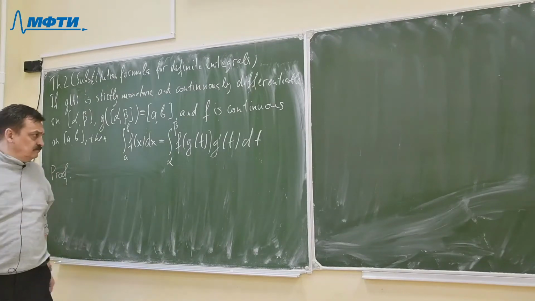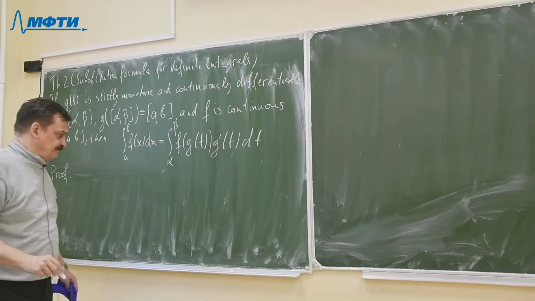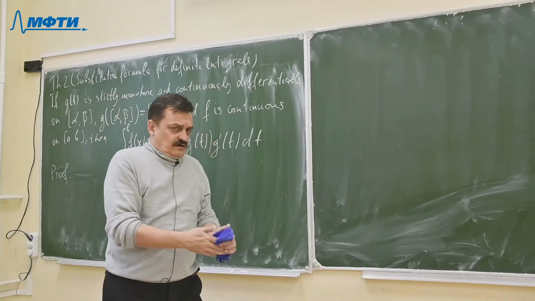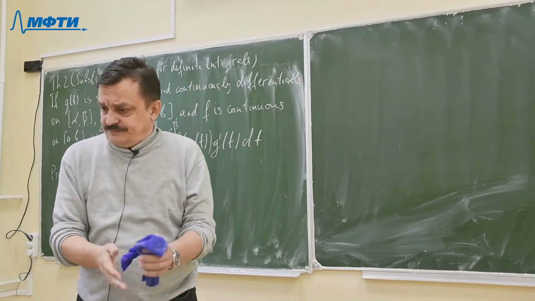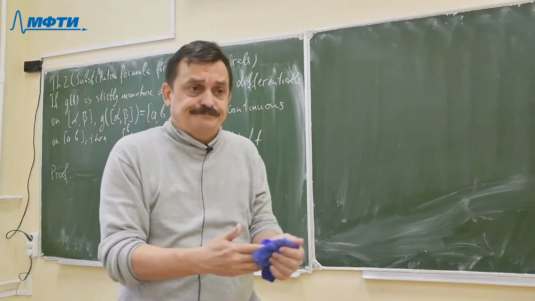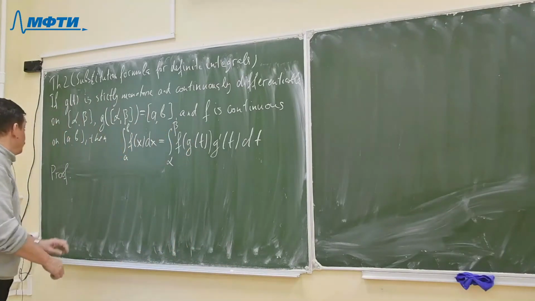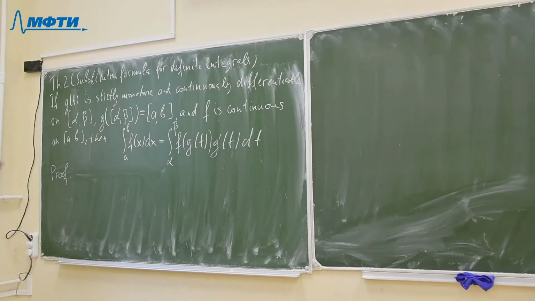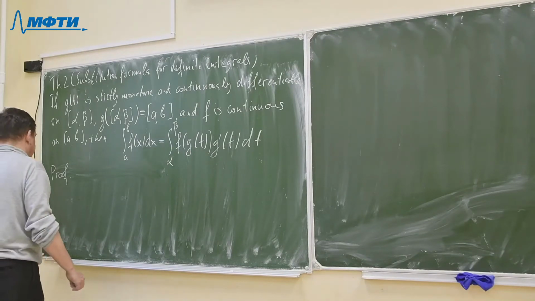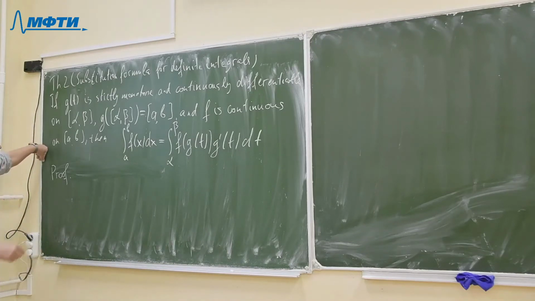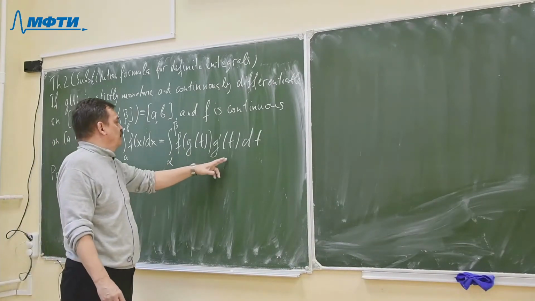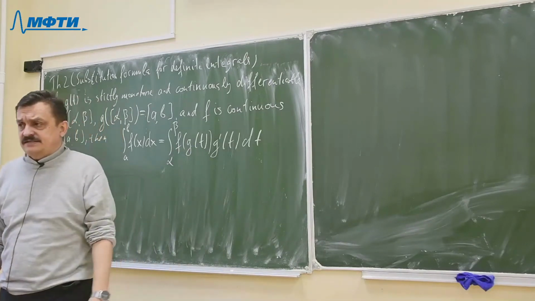Okay, let's prove it after the break. So let's have a break. So the proof of the substitution formula. Here, first of all, we observe that both sides are well defined.